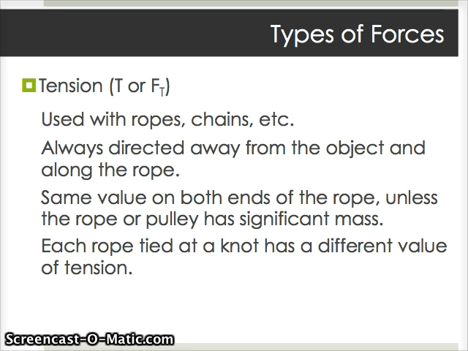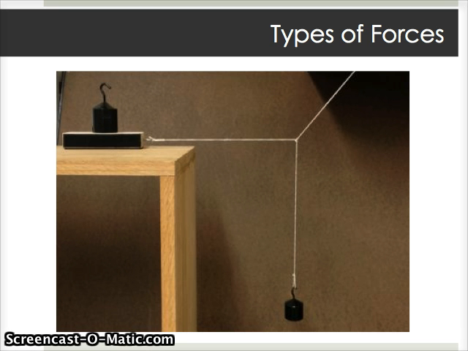If a rope or a number of ropes are tied together at a knot, we should also recognize that there's no reason that the different ropes pull with the same amount of tension. So we should assume that they are all different. Let's take a look at an example where we see tension forces in action. So here we have a setup where some ropes are being used to suspend a mass down here, and also to keep this situation along with friction in place.